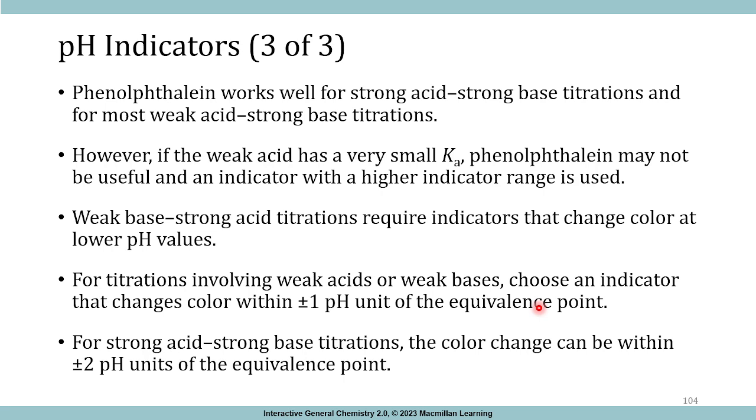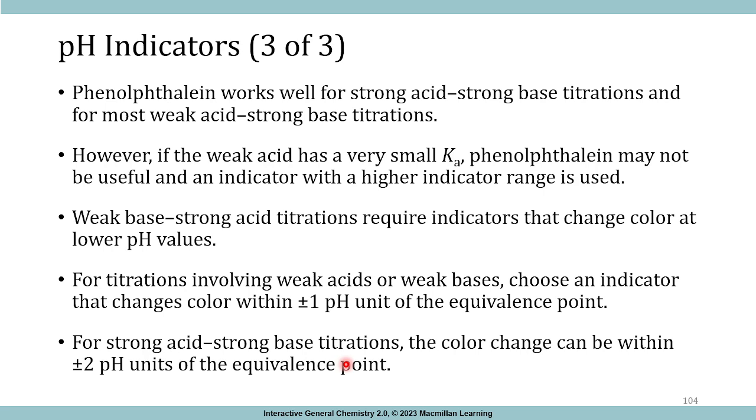So for the titrations that involve weak acids or weak bases, typically it's best to go ahead and choose an indicator that's going to change color within 1 pH unit of the equivalence point. Okay? And for strong acid-base titrations, that color change can actually be within 2 pH units of your equivalence point. And that has to do with, remember where we looked at that graph and we had the weakest acid, weak acid, and then strong acid?